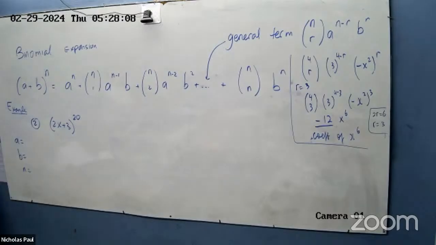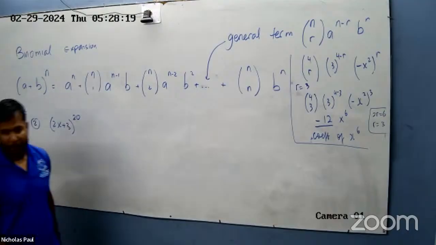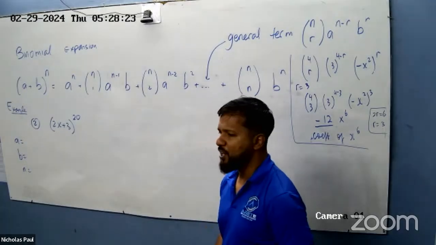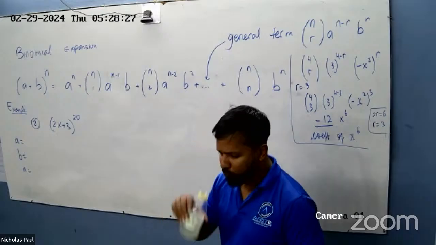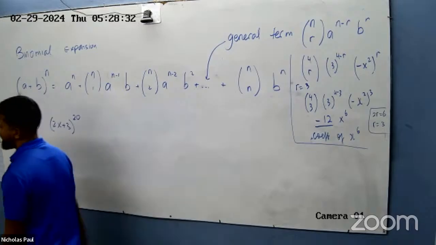I just want the first three terms of this expansion. If your number is too big, just leave it in terms of nCr. Find the first three terms of that expansion.